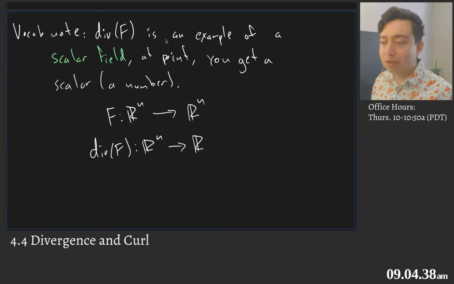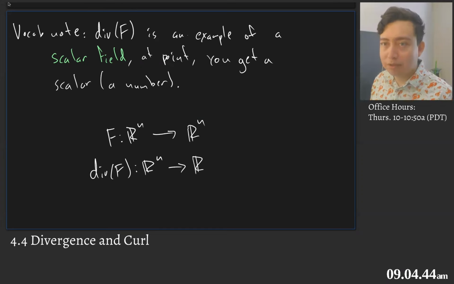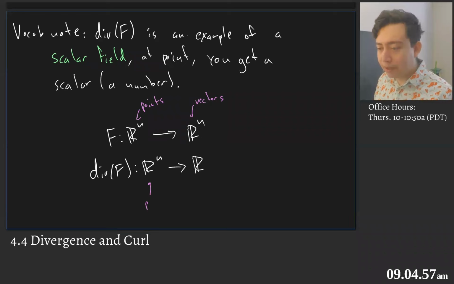So let me spell that out a little bit. The inputs are points, and the outputs are vectors. That's what a vector field is. Then when you take the divergence, the inputs are still points, but now the outputs are numbers or scalars.